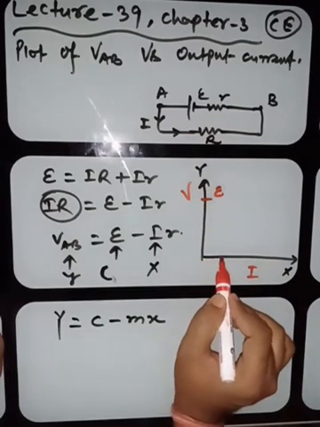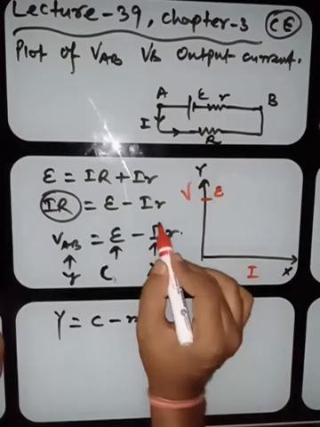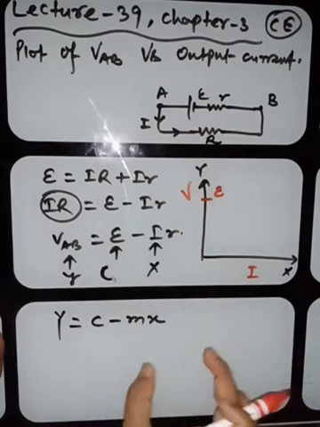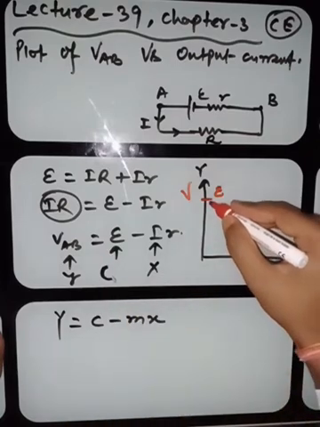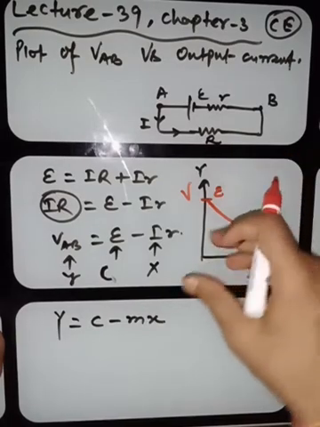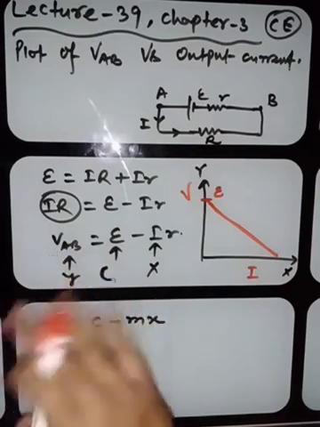As I increases, this amount will decrease, but linearly, because this is a straight line. So the graph will be in this way. This is the plot of terminal voltage and output current.